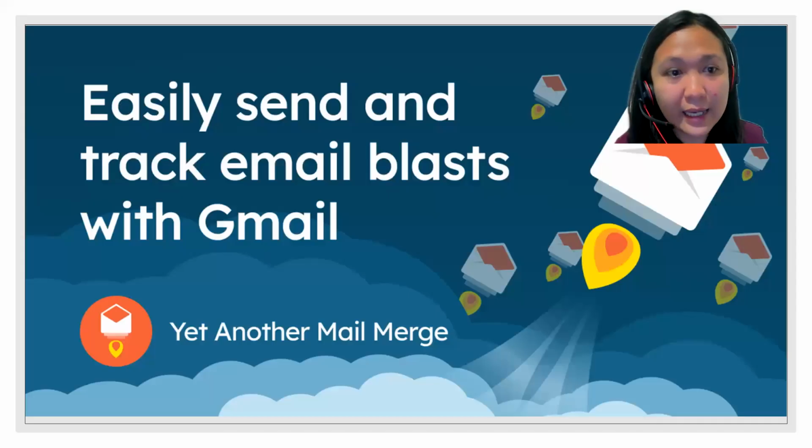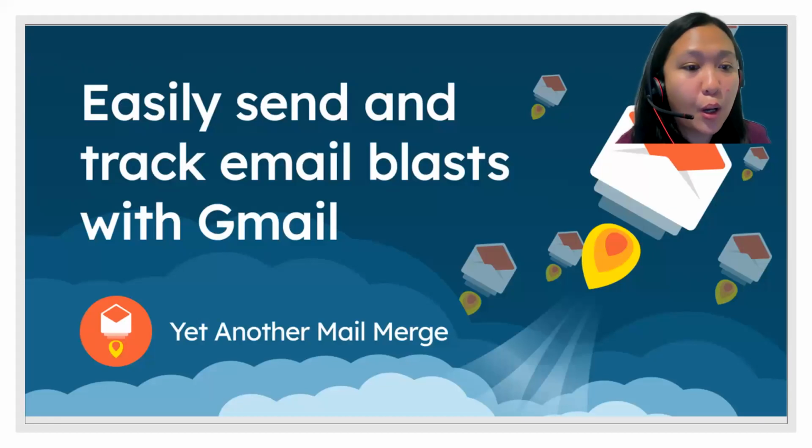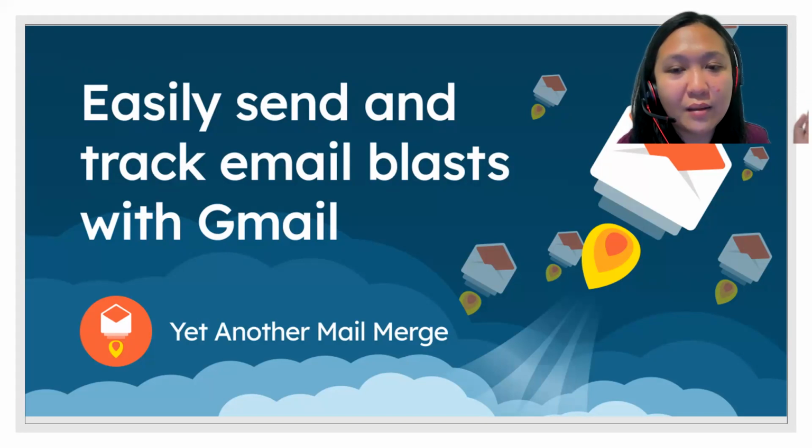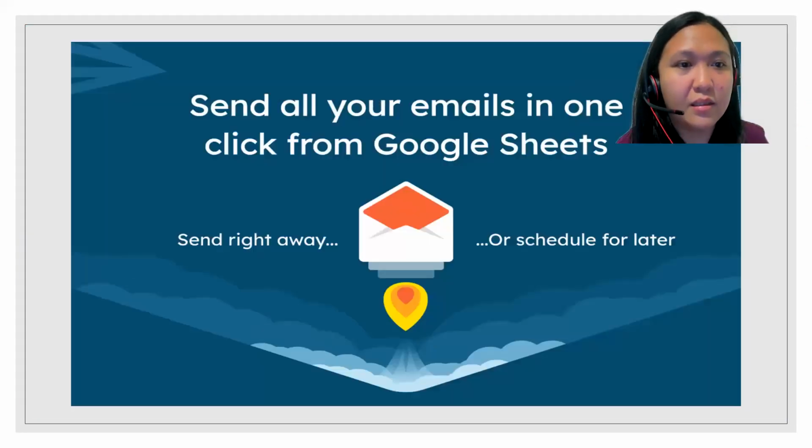Next slide. Yet Another Mail Merge, or YAM, is the easiest way to send and track email blasts. When we say email blast, it's multi-email, that is, multiple emails that you have sent using your Gmail.